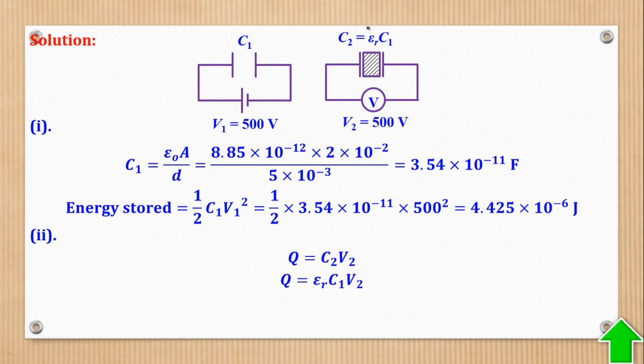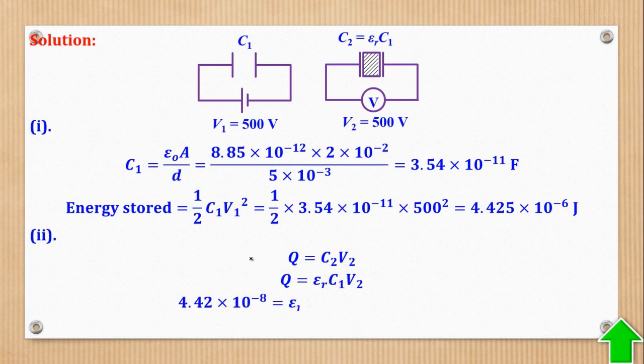So total capacitance is now epsilon r C1, because we know that epsilon r is equal to capacitance when there is a dielectric over capacitance when there is vacuum. So when I bring this to this side, I come up with this capacitance as epsilon r multiplied by the capacitance when the plates are filled with vacuum. So this is where this one is coming from.